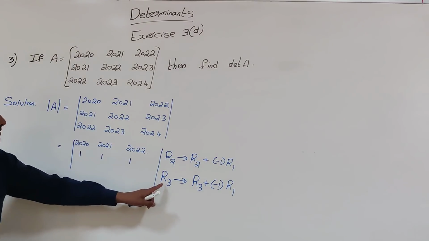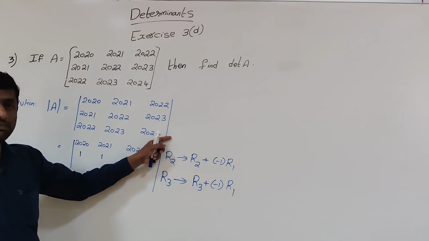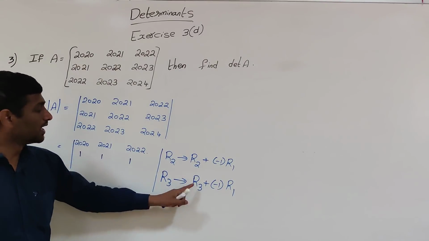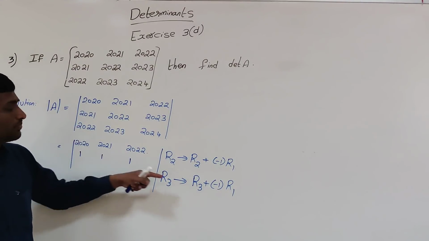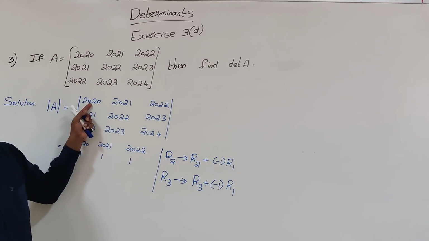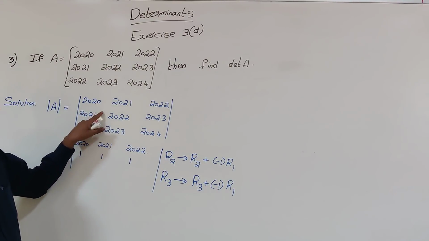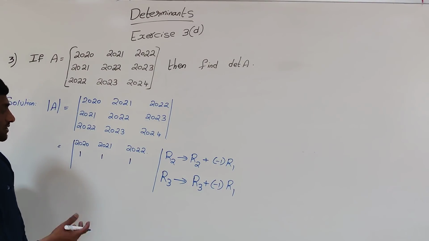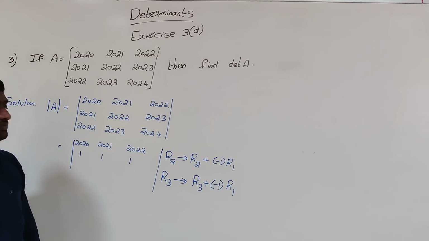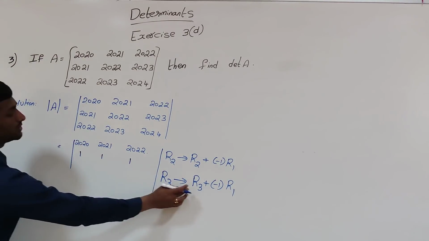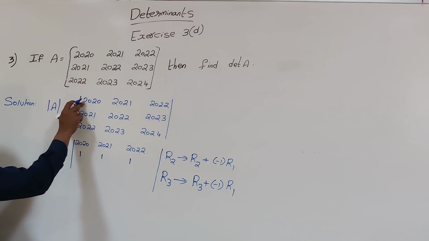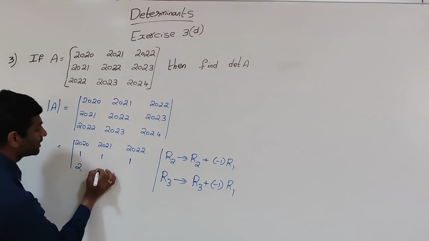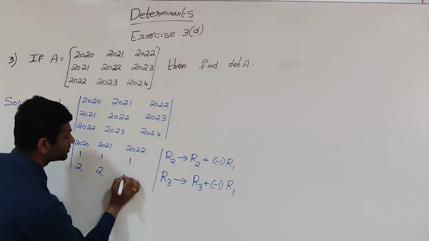Next, the elements of row 3 in the previous matrix are changed by adding minus 1 times the corresponding elements of row 1, so that the determinant is reduced to a simplified version and we can find the determinant of the 3 by 3 matrix. 2022 plus minus 1 times 2020, so again it will be 2. So here also 2, and 2024 minus 2022 is 2.